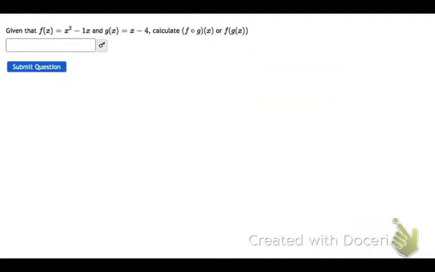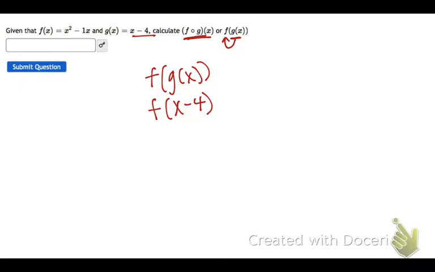This one, so f of g of x means we're plugging g of x into f. So for this one, if I take f of g of x, well, I know g of x is x minus 4, so this will be f of x minus 4, which means this is going to replace all the x's in f. So this is f of x minus 4 equals x minus 4 squared minus 1 times x minus 4.